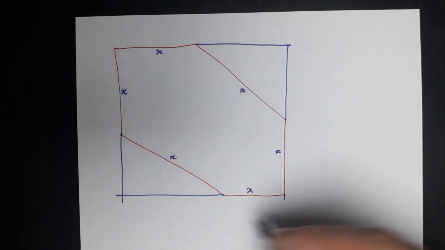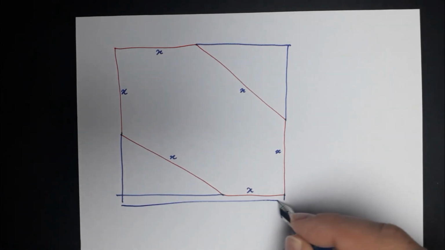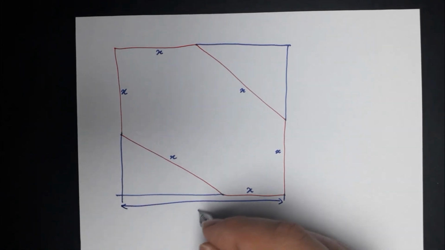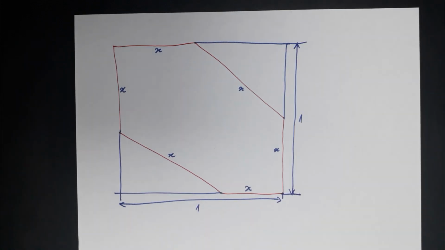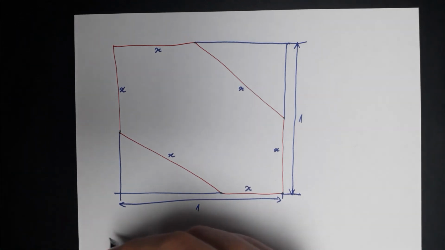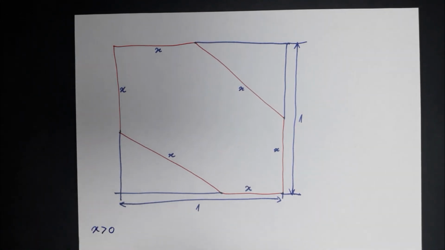We know that the square has a side length of 1. The question now is where to start. When dealing with problems like this one, I always like to start with boundary conditions. We see that x is the length of a side of this hexagon, and that means that x has to be larger than 0.